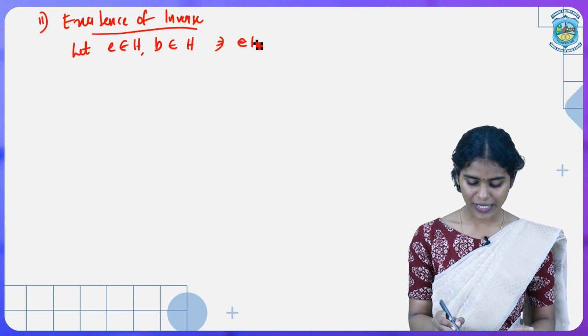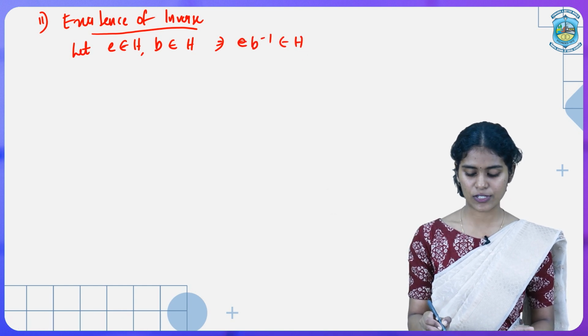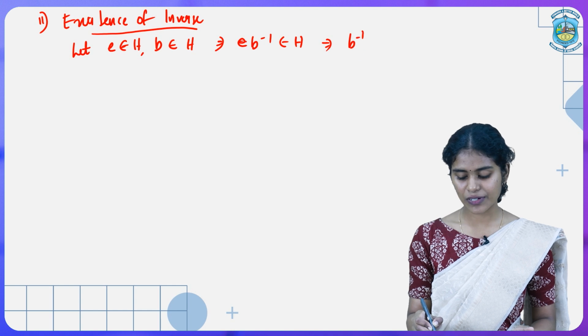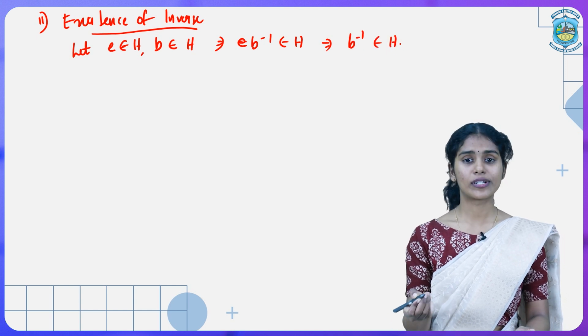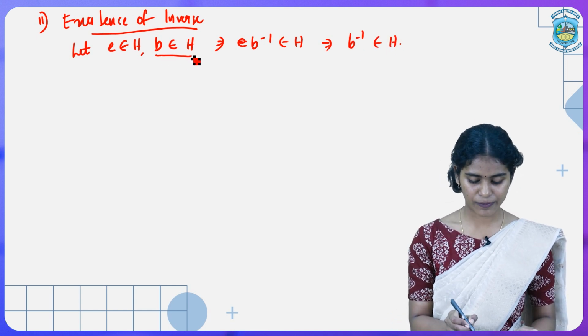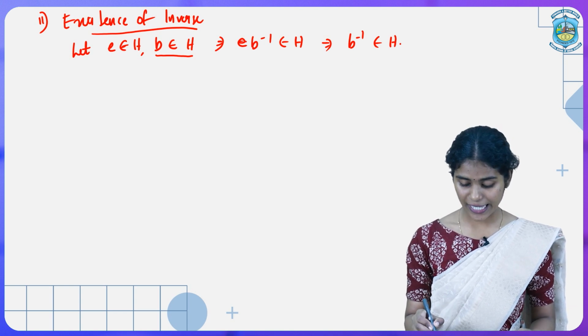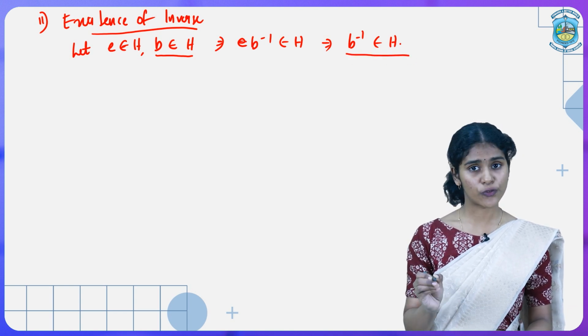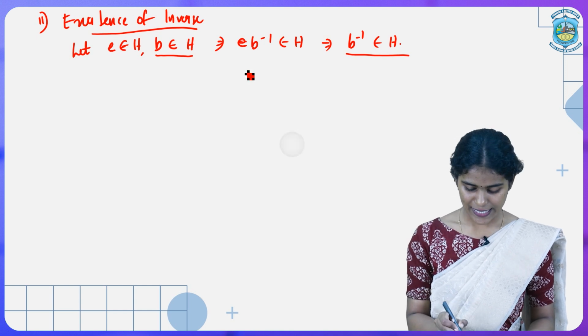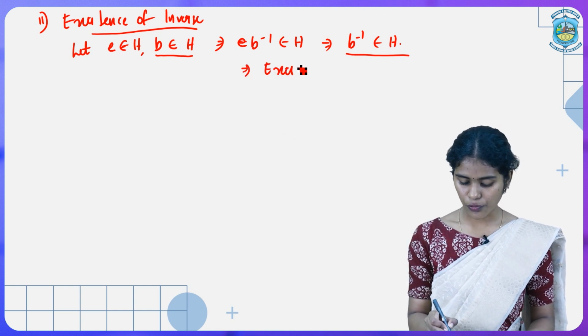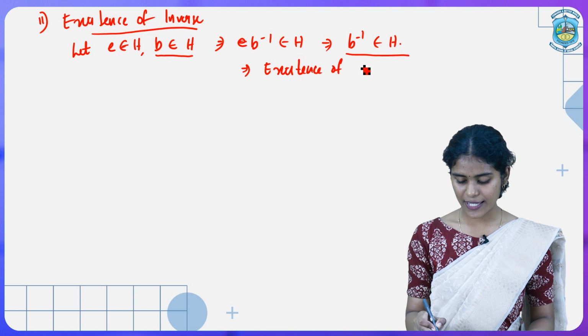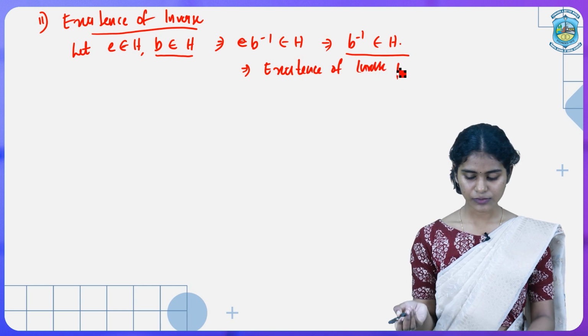E into B inverse should also belong to H, implies B inverse belongs to H. What does this say? For all B belongs to H, B can be any arbitrary element, there will exist a unique inverse element for that particular B. This says that existence of inverse property is satisfied.